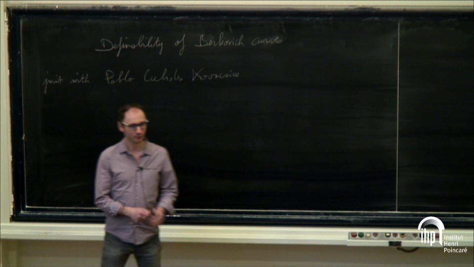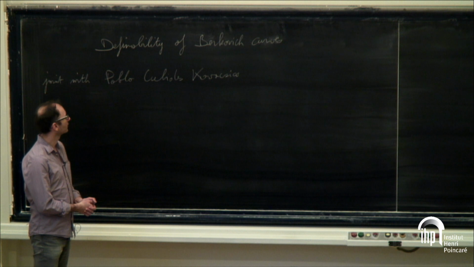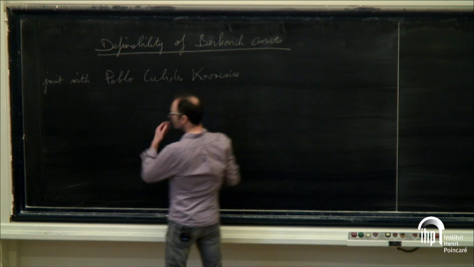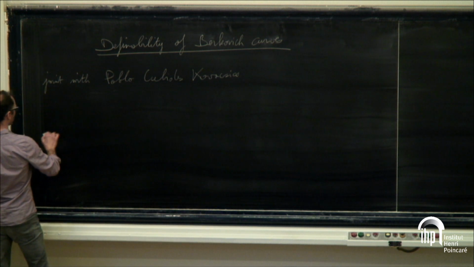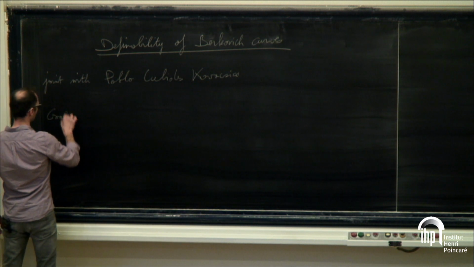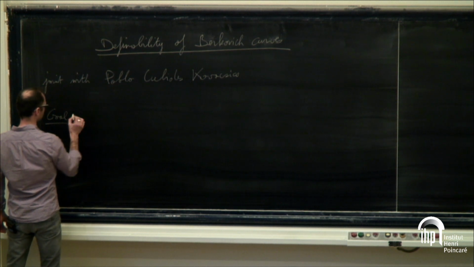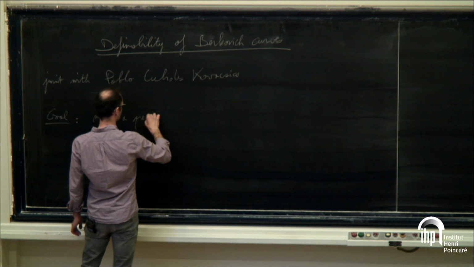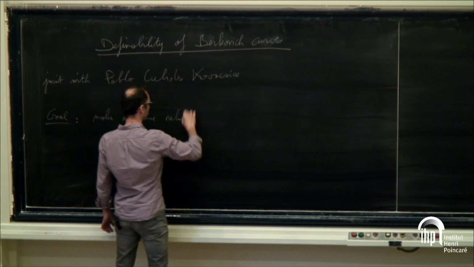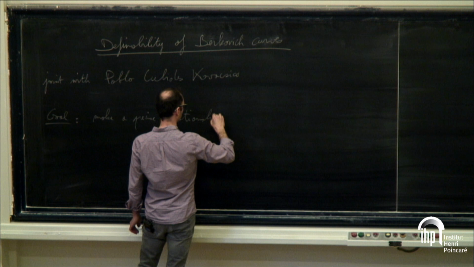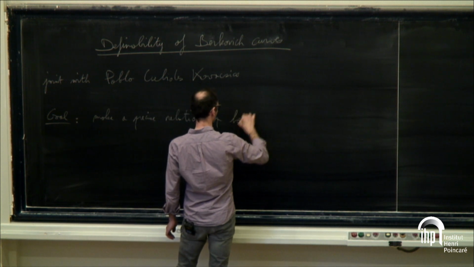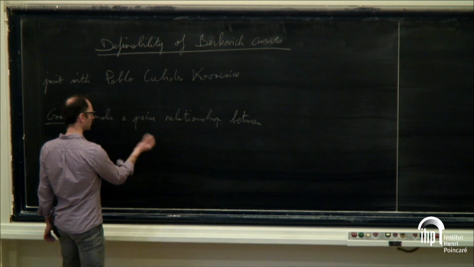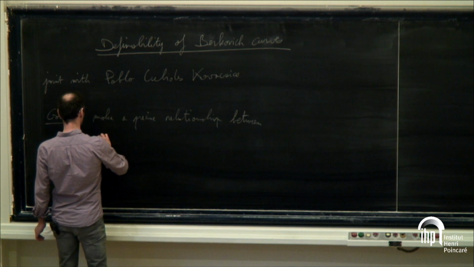So I would like to report on this work with Pablo Cubides on definability of Berkovich curves. The main point would be actually to make a precise relationship, as precise as possible, between two variants of the same object.